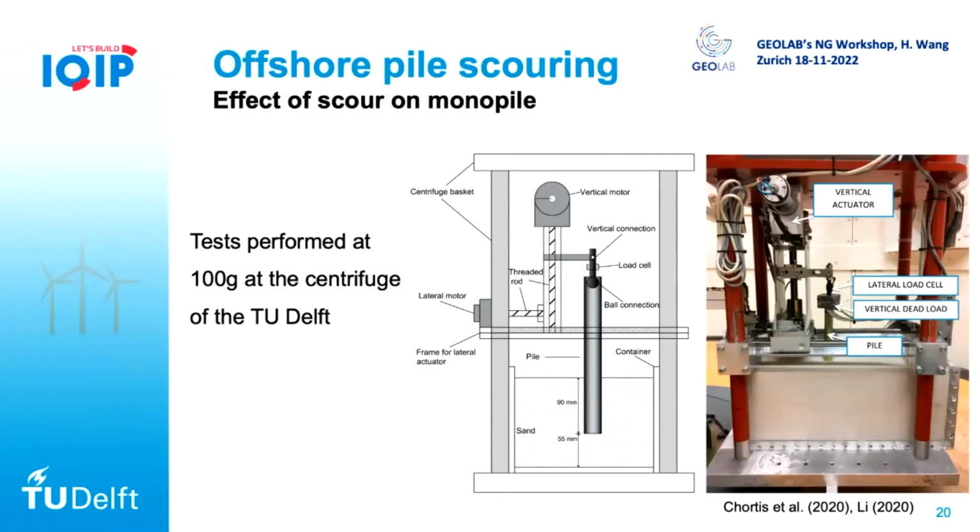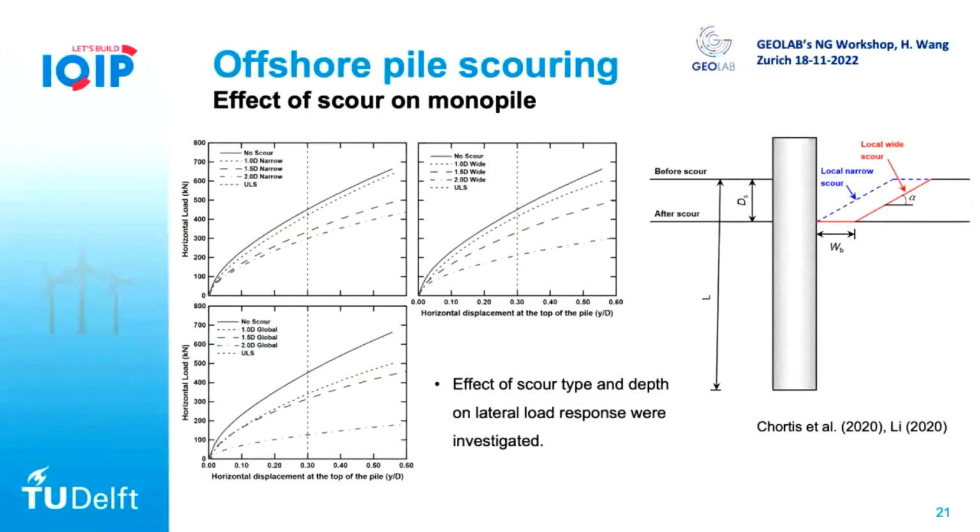And here basically we studied different kinds of scour conditions. On the right, we define certain scour conditions. We have very shallow scour at different depths. We can also have very wide scour, and even worse sometimes, because the scour is so severe, the whole soil may just be taken away. So we study how these different scour shapes will affect the lateral response of the monopile.